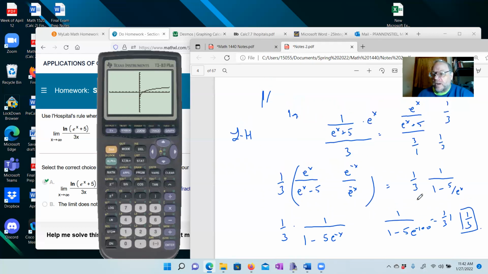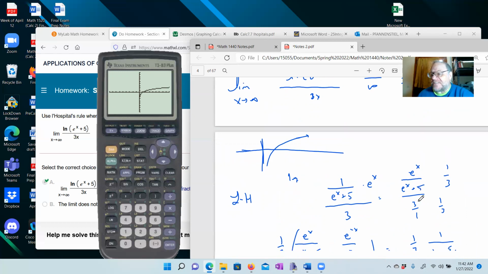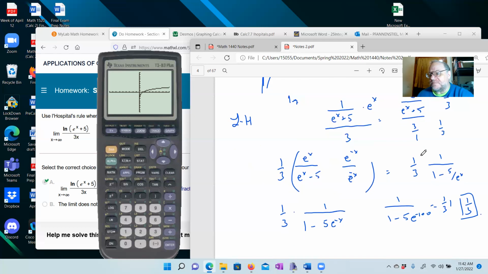The reason why you would not want to use, say, L'Hopital's here is it's an infinite loop. Every time you take the derivative of e to the x, what do you get? You get e to the x. So we would do this multiple times, and we just get e to the x over e to the x, e to the x over e to the x, and so on until you die of old age.